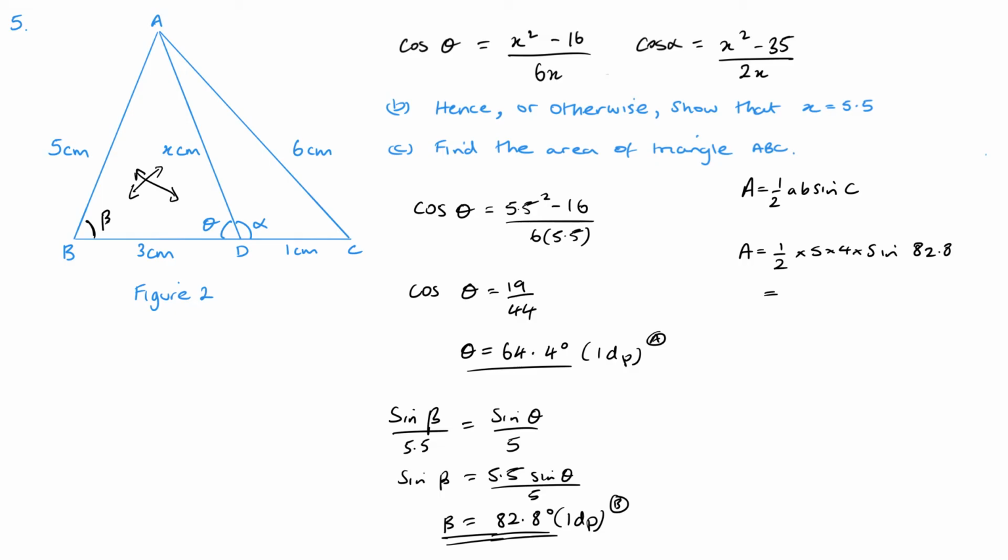So half times 5 times 4 times sine, and it's B because that's what I stored it as. And that there gives me 9.92 units squared, and that is to 2 decimal places or 3 significant figures.